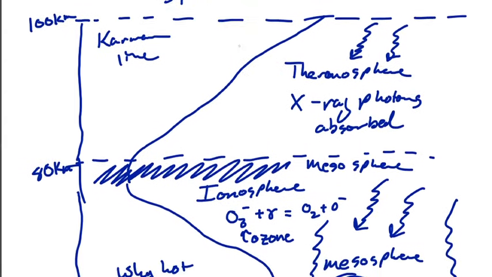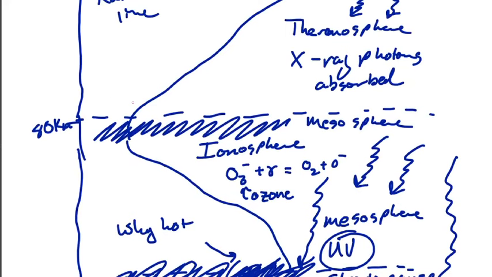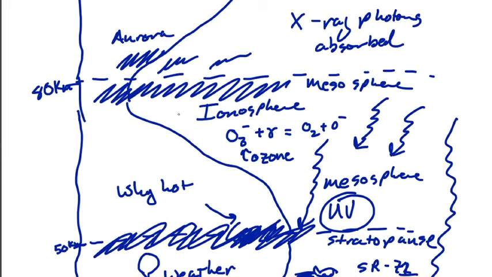Some other things that we can see in the atmosphere above us, at the kind of mesopause layer, this is where the aurora live. And when you see meteors streaking through the atmosphere, those are also generally up here in the mesosphere. So our meteors live up here.